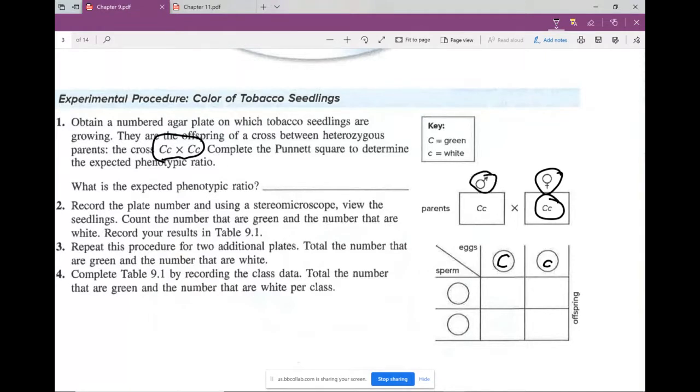And the male parent is going to be the same. So what are the possibilities? Well, we know. We're going to get a 3-to-1 ratio, right? One is homozygous dominant, two of them are going to be heterozygous, and one is going to be homozygous recessive. Whenever we have a monohybrid test cross, we have this 3-to-1 ratio.